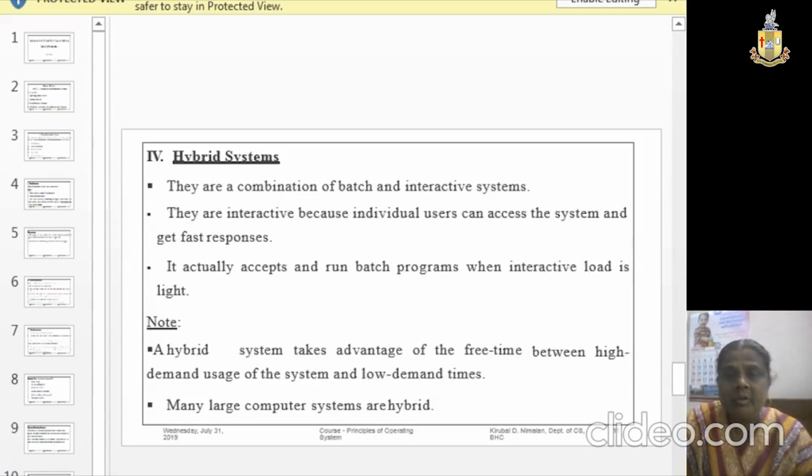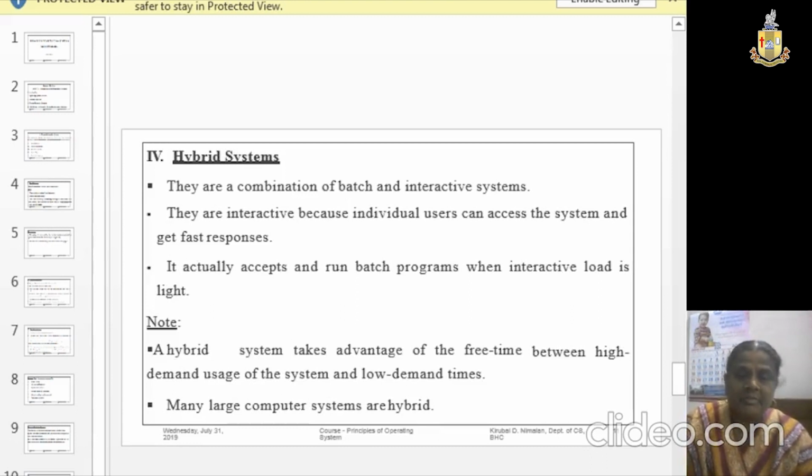Hybrid systems are a combination of batch and interactive systems. It accepts to run in batches whenever the interactive load is light, and it switches to interactive mode whenever the system is able to give faster responses.